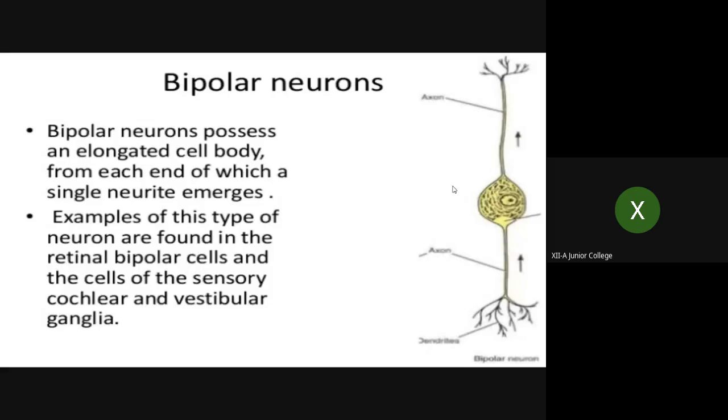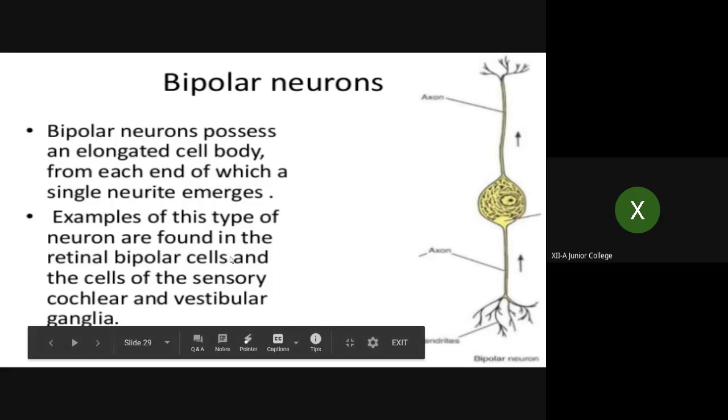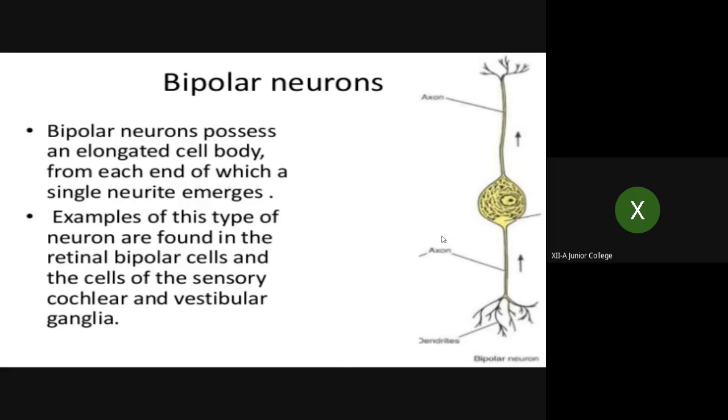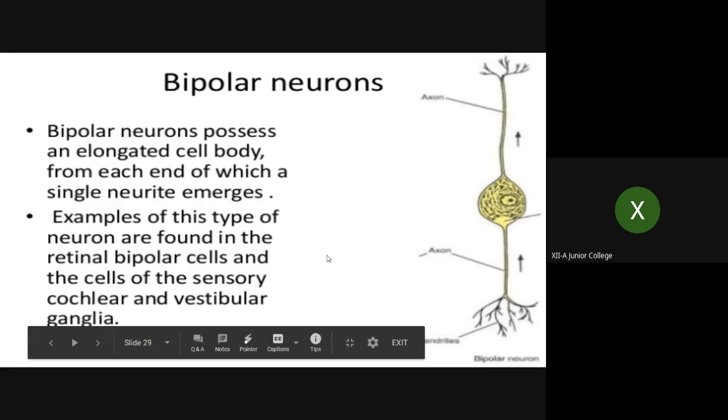Can you imagine what it means? If you remember the structure of the eye, and if you have learned to some extent in the previous classes the retina of the eye, you can see the different types of cells, rods and cones. So retinal bipolar cells are an example of this type. And the other one, the sensory cochlear and vestibular ganglia.